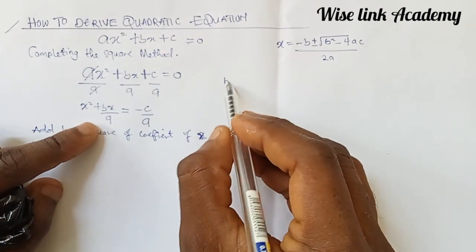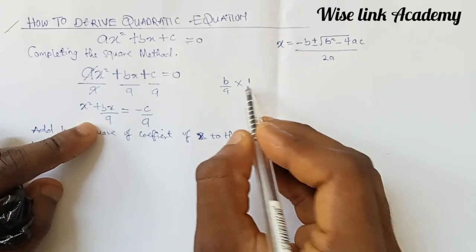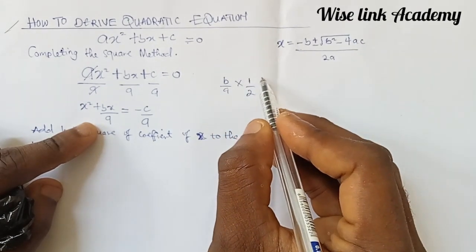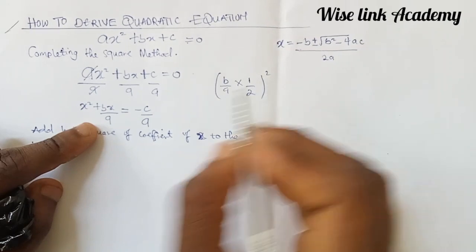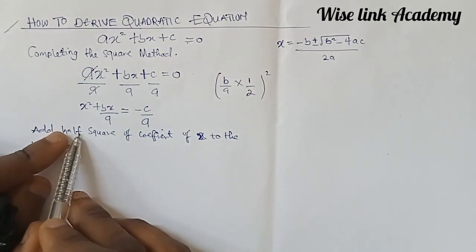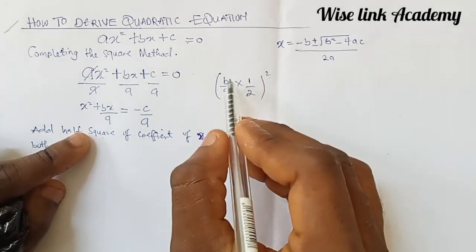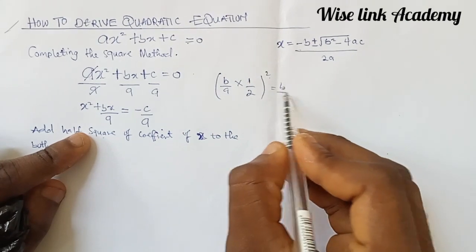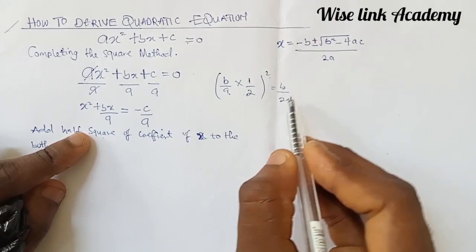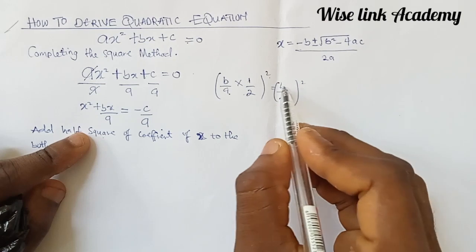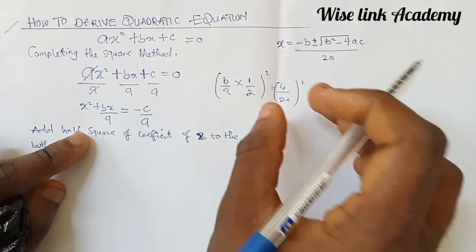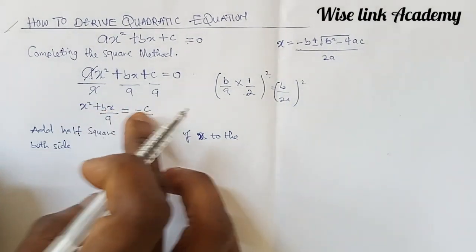So if I say b over a times 1 over 2, and square it, because we add half squared, b times 1 is b, over 2 times a is 2a. So we're having b over 2a squared. You add this to both sides here.